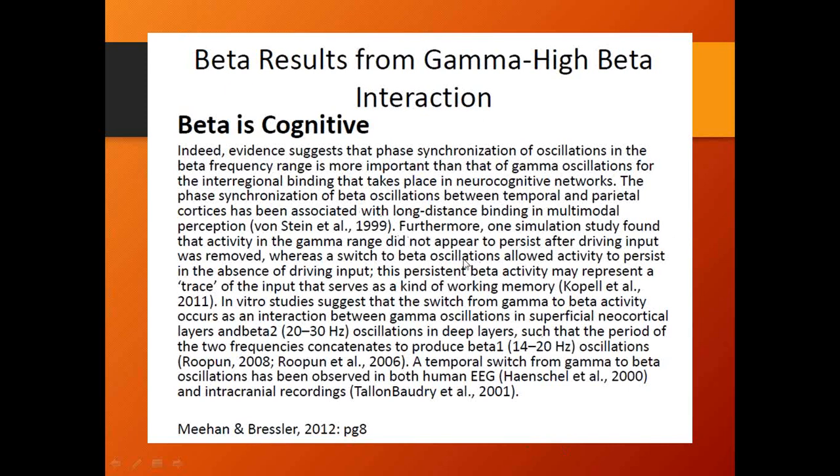Furthermore, one study found that activity in the gamma range did not persist after driving input was removed, whereas a switch to beta oscillations allowed activity to persist in the absence of the driving input. This persistent beta activity may represent a trace of the input that serves as a kind of working memory. Okay, that's very important.